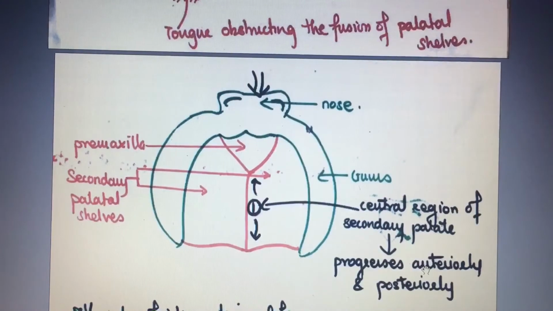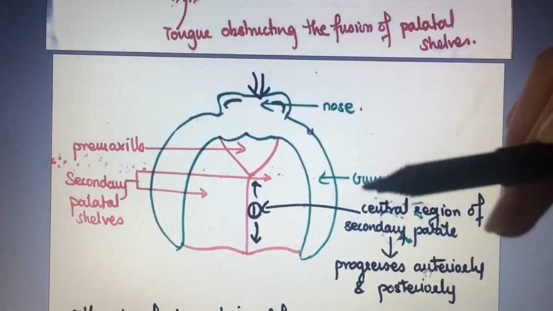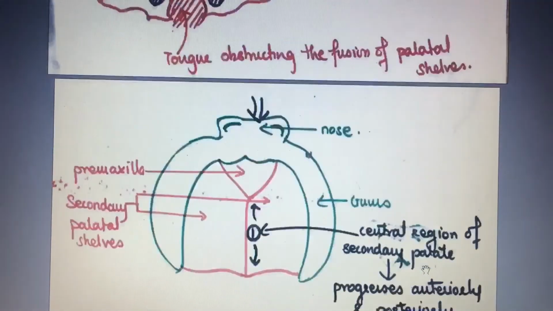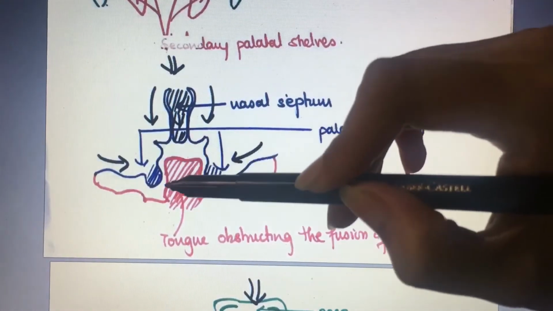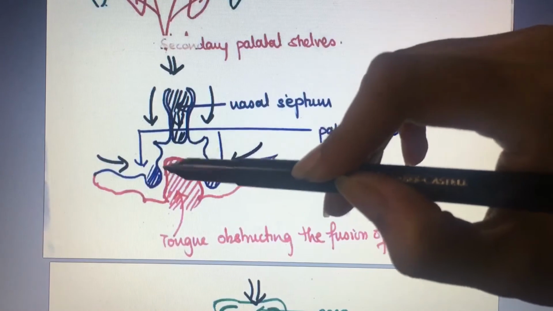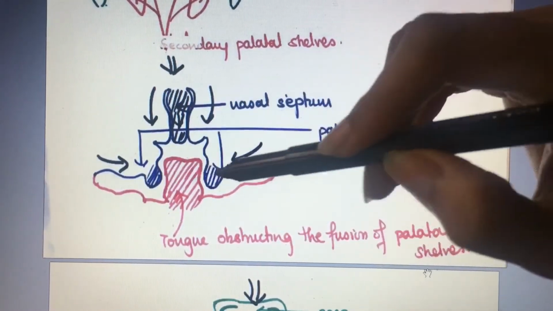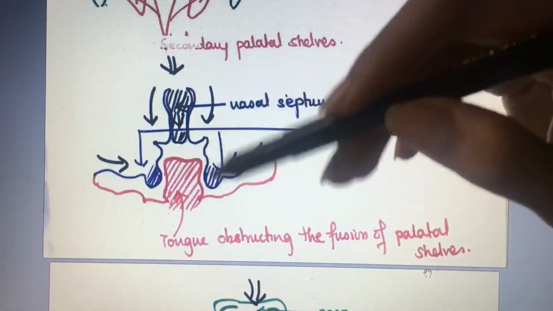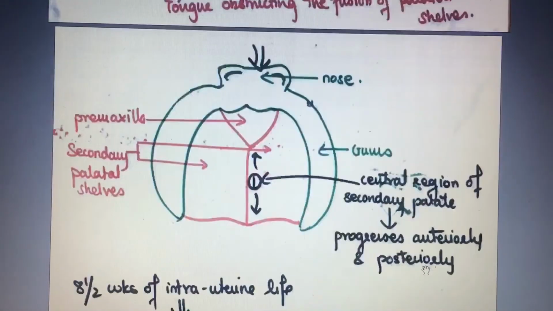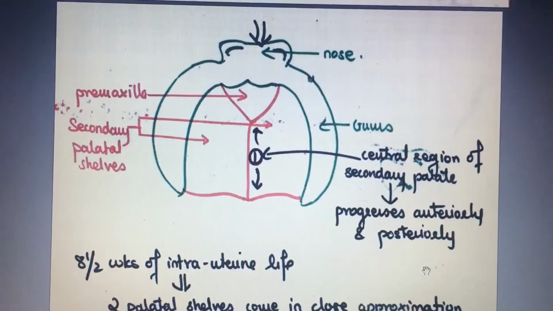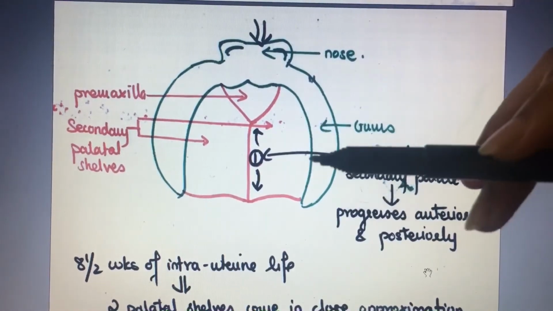So the mesial edge of the palatal process, that is this is the mesial edge of the palatal process, fuses with the free lower end of the nasal septum, and thus it separates the two nasal cavities from each other and the oral cavity. So this is the final stage of formation of the secondary palate. There are two prominent nasal cavities present.